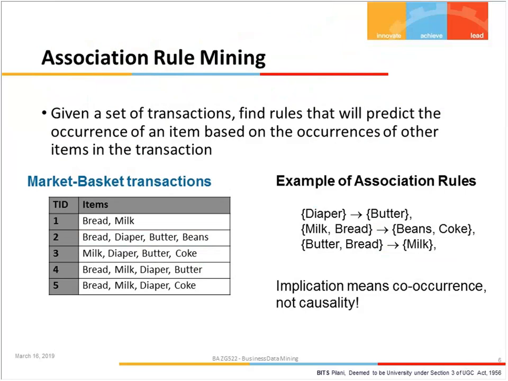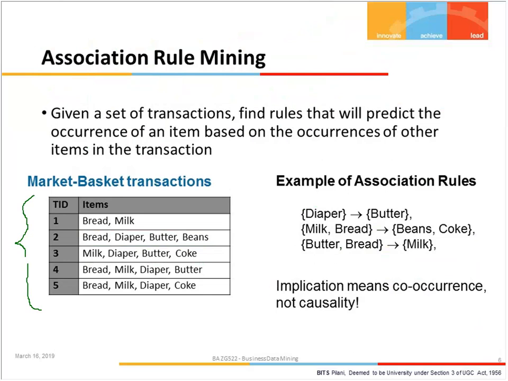So let's look at a set of market transactions. One customer goes, picks up bread and milk, and checks out. Another customer goes to the store, picks up bread, diaper, butter, beans, and then his basket is checked out.